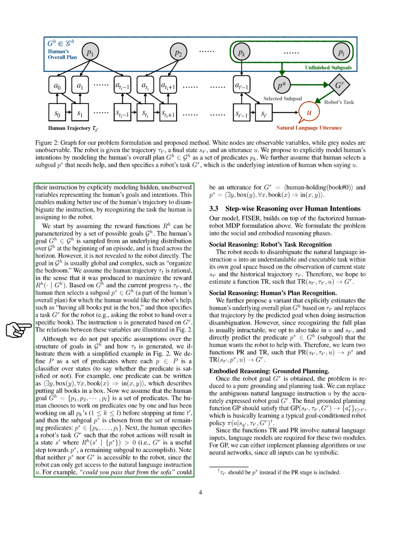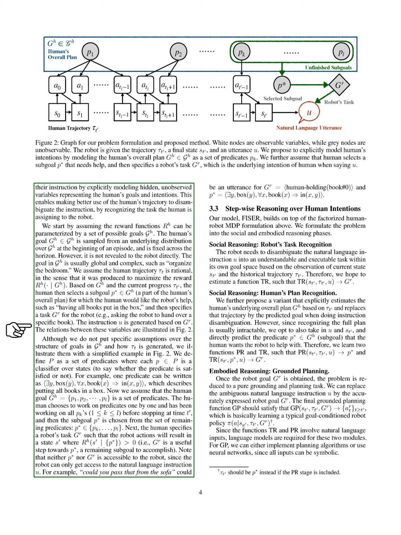As the human progresses, they select a specific subgoal for which they want the robot's assistance, such as put all books in the box, and then they provide a task for the robot to execute, like handing over a specific book. The instruction given to the robot is based on this task. We illustrate the relationships between these variables and define a set of predicates that classify states, indicating whether certain conditions are met.